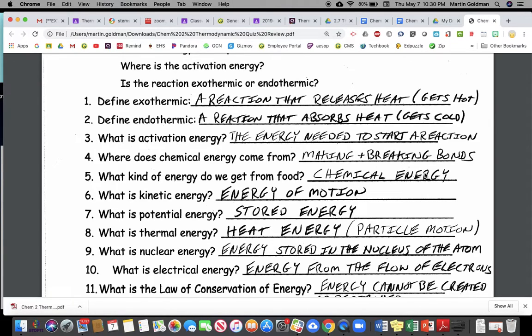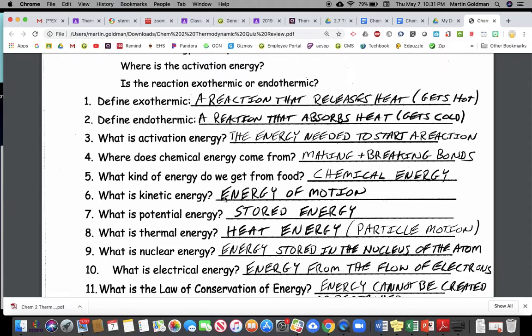That is actually chemical energy. We are eating chemicals. Our body is making and breaking those bonds, releasing the carbon dioxide, absorbing the oxygen, releasing the water. So it's making and breaking chemical bonds. So that is where we get our food energy from. Maybe I'll show you a nice demonstration on that.